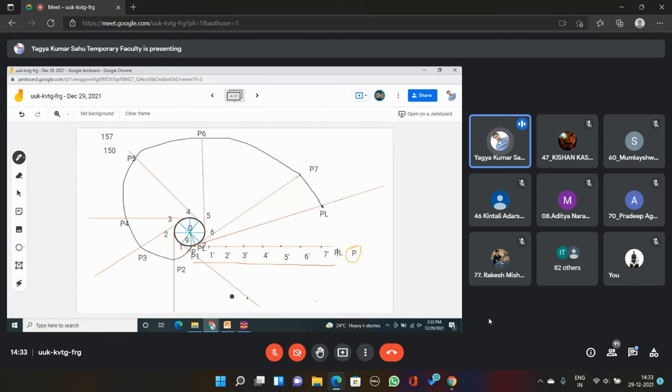But use the proper way of writing and proper way of dimensioning. Use H pencil for main work. You can also use H pencil for writing. And use 2H pencil for construction work with normal pressure.